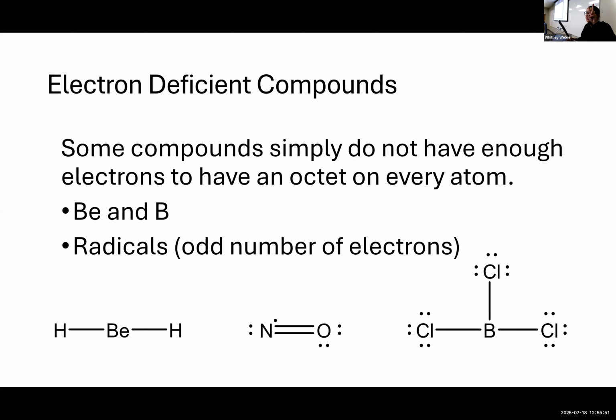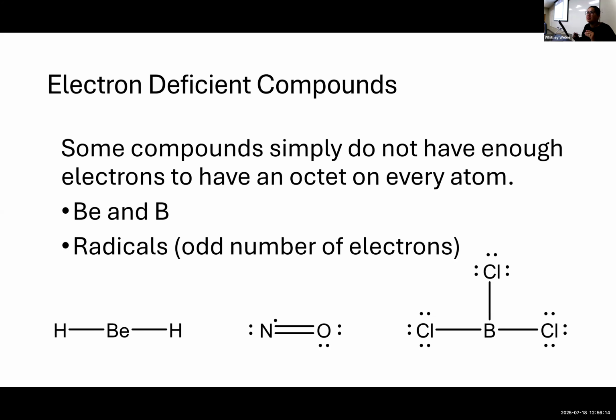It only has 2 valence electrons. So it's similar to hydrogen where it can act as that central atom, but it can't have more than 2 bonds connected to it, so 4 electrons in total around it. So beryllium is an exception to the full octet rule. It's very happy having its 2 bonds or 4 electrons around it.